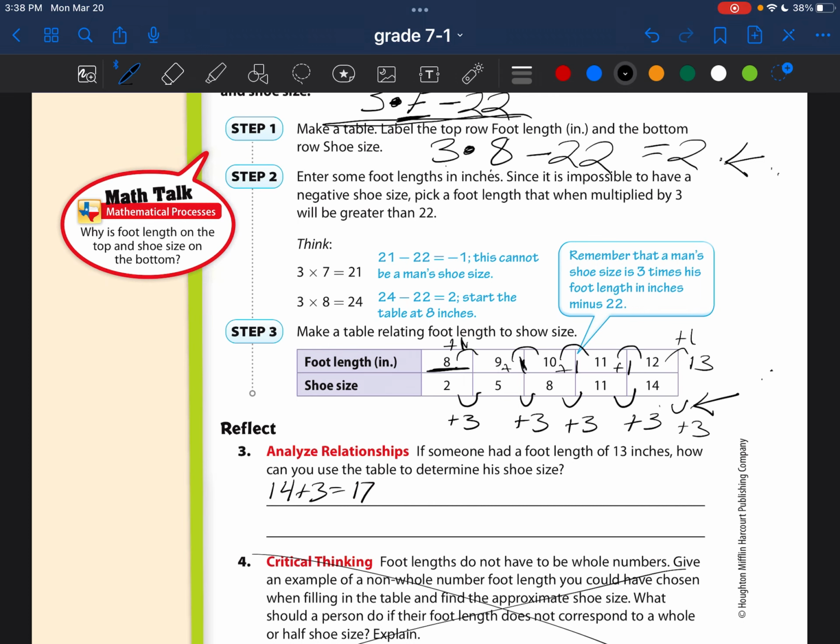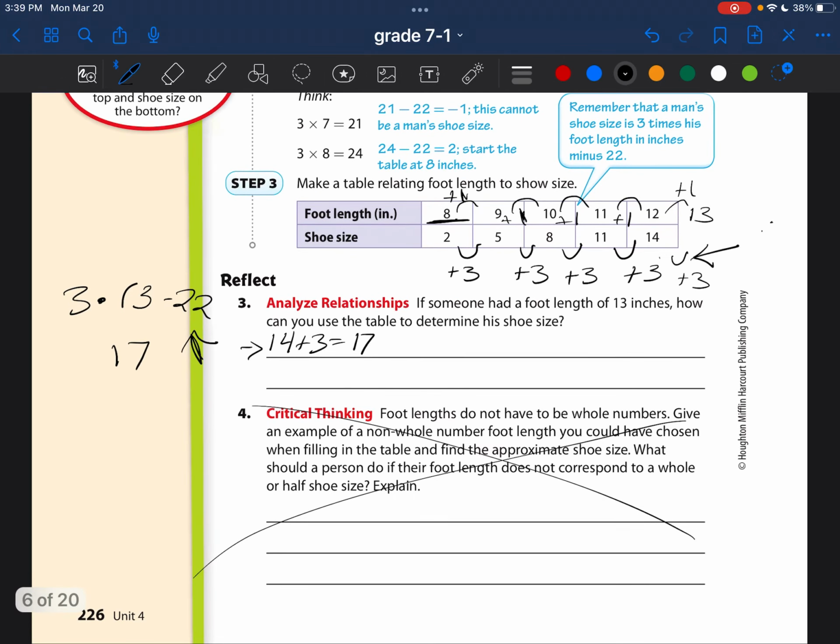You could also use our equation here, 3 times 13 minus 22. That also gives us 17. Either way you do it is fine, but I need the work to be shown. You got to write it out or it doesn't count.